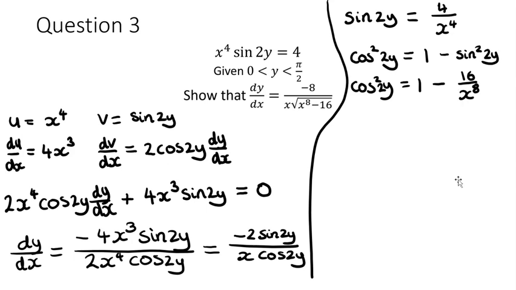I'm simply squaring my result for the sine 2y there. Sine 2y is 4 over x to the power of 4, sine squared is 16 over x to the power of 8. So what I've got there is a result for cos squared 2y. So cos 2y will just be the square root of all of this.